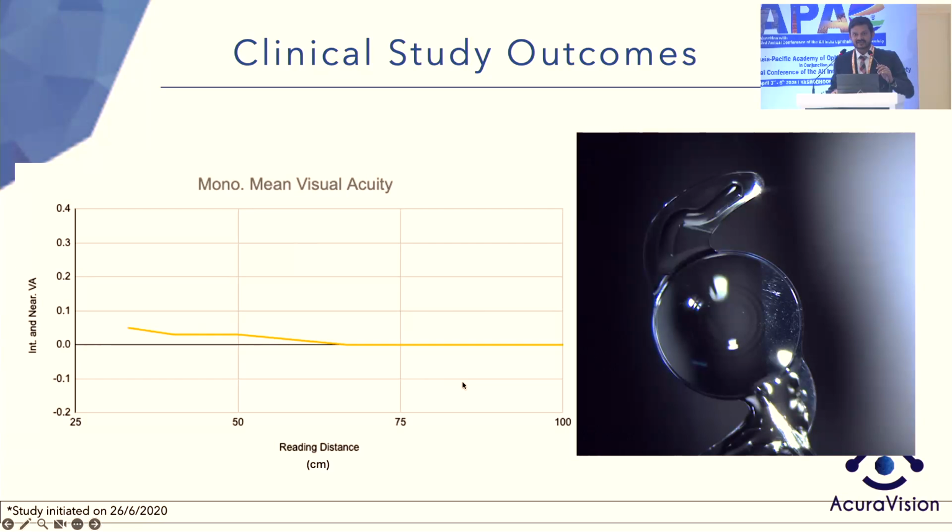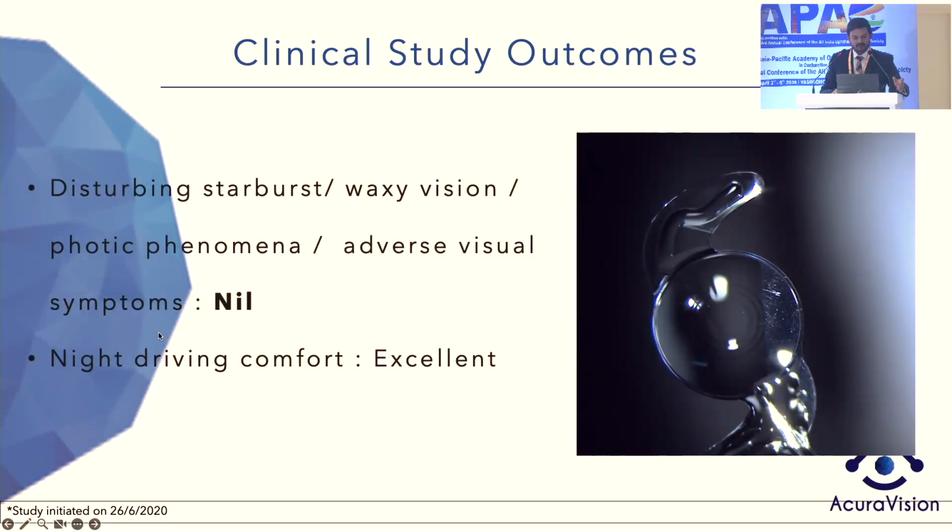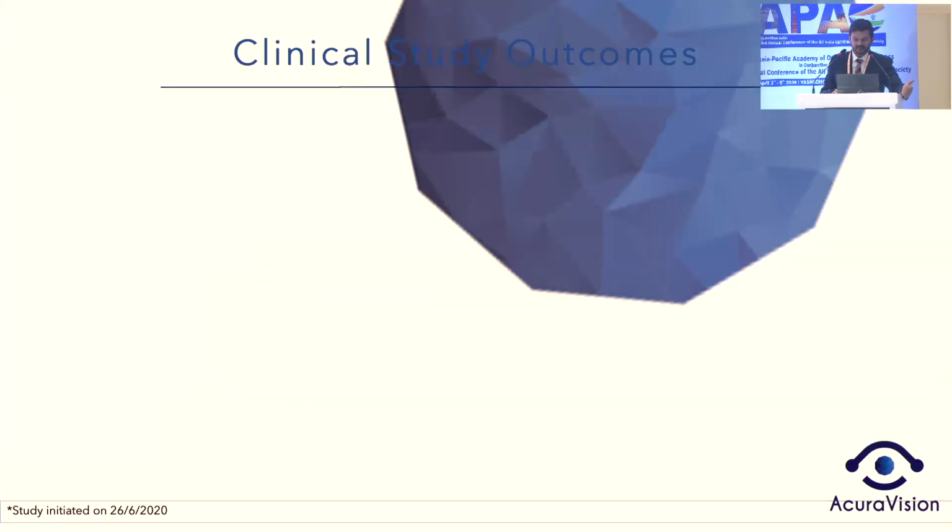If we look at the presbyopia correcting range, that is the reading range, from 100 centimeters to 33 centimeters, we can see that it maintains 6 by 6, that is N4.5, and as you approach closer to 33 centimeters, it comes close to 6 by 7.5, which is still better than N6. We did not have any starburst, waxy vision, photic phenomena, or adverse visual symptoms. Night driving comfort was excellent.